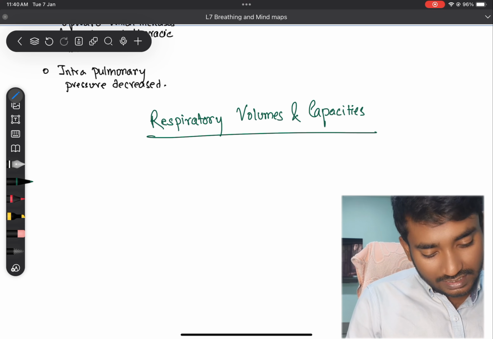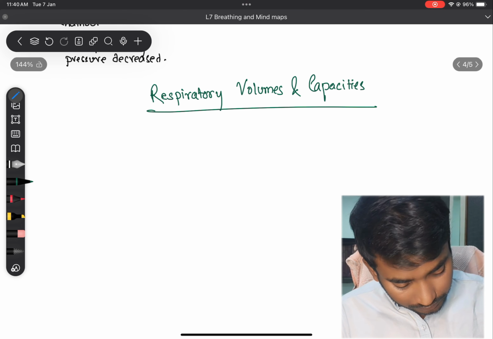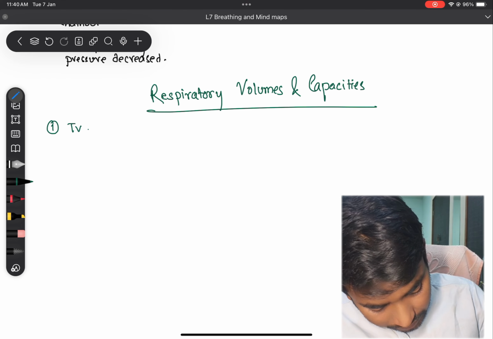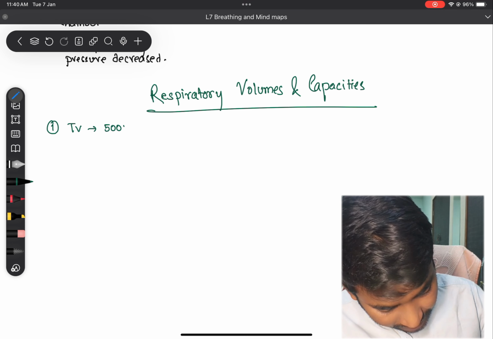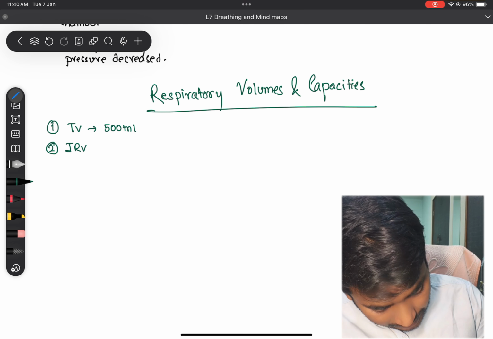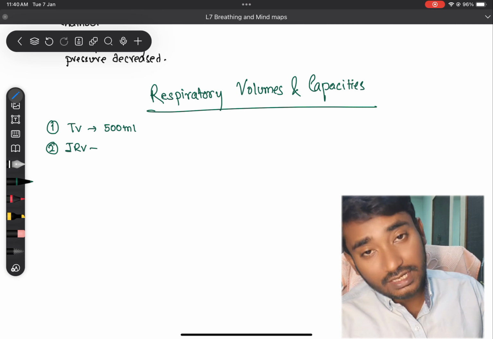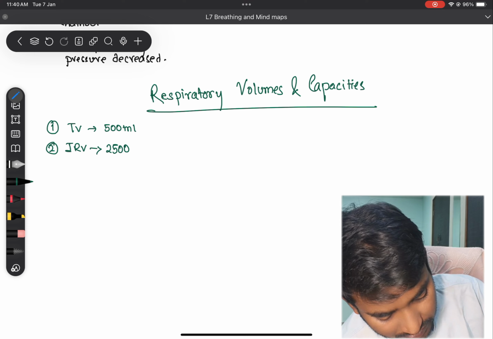I have already told you, still I am writing. One is the tidal volume, the TV, that is 500 ml. Two is IRV. Explanation has been given, these are only the values. 2500 to 3000 ml.